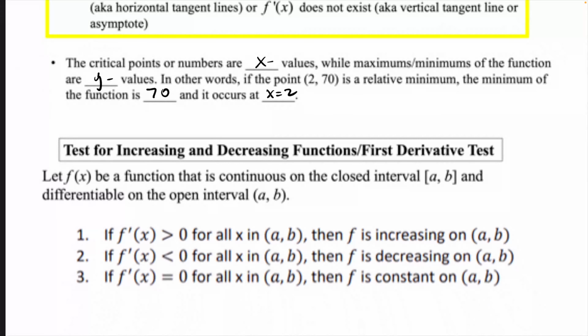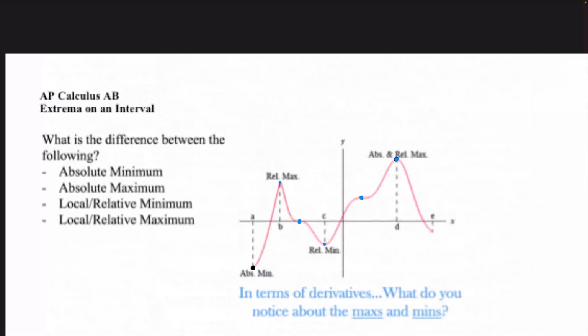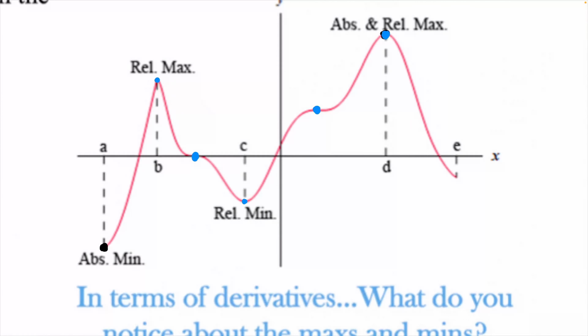So if your derivative is positive, then f is increasing. Between a and b, the function is increasing, so the derivative is positive. The derivative is also positive from c to d.